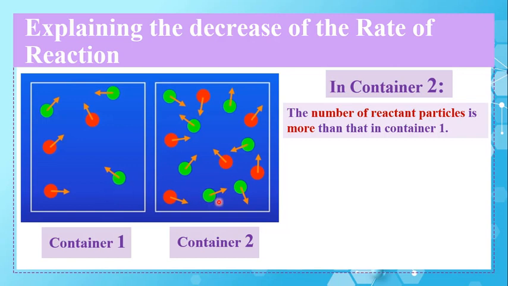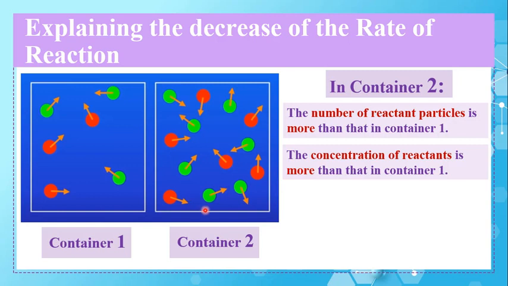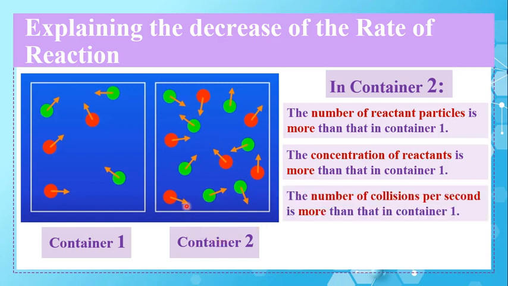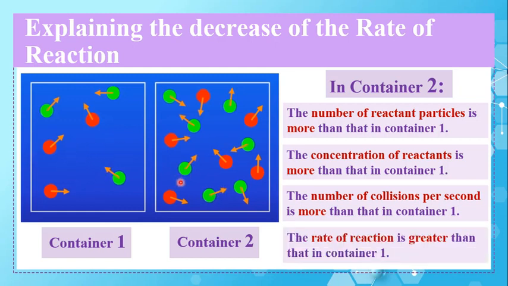In other words, the concentration of particles is twice that of container 1. This means that the number of collisions per second in container 2 will be twice that in container 1. And the rate in container 2 will be twice that in container 1.